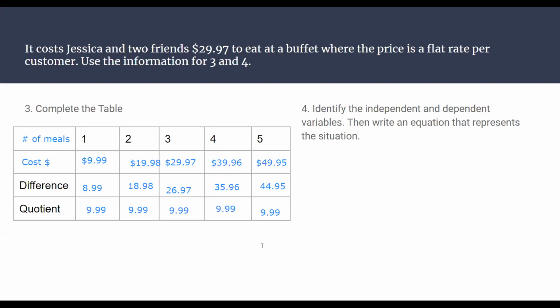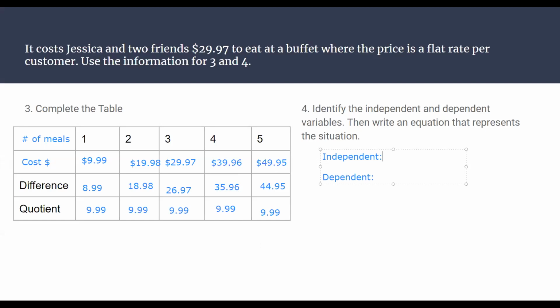Okay. So number 3 only asked me to complete the table, so my table is done. Number 4 asked me to identify the independent and dependent variables and then also write an equation. I'm going to start with my independent and dependent variables. The two things I was focused on were the number of meals and the cost of the meals.